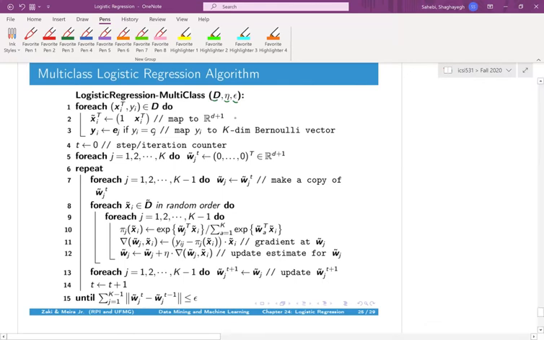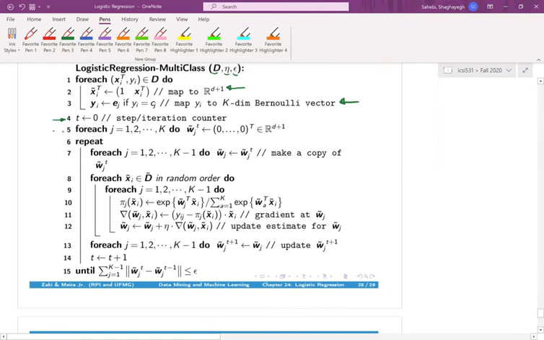At the beginning, we are going to augment our data for all of our data points, and also create the yi response vectors, so that we can map the categorical values of class labels into binary vectors of size k. Then we start at iteration 0, and we initialize our W vectors, one vector for each class. For each class, we are going to have one d+1 dimensional vector.